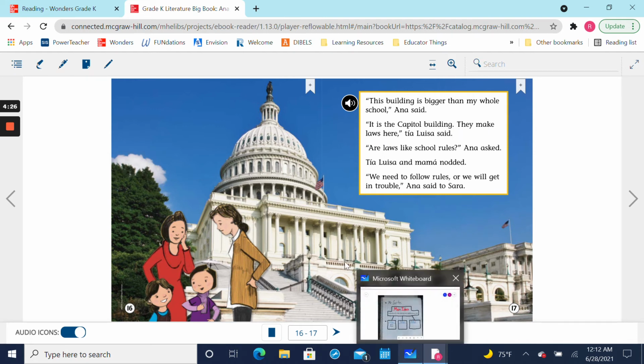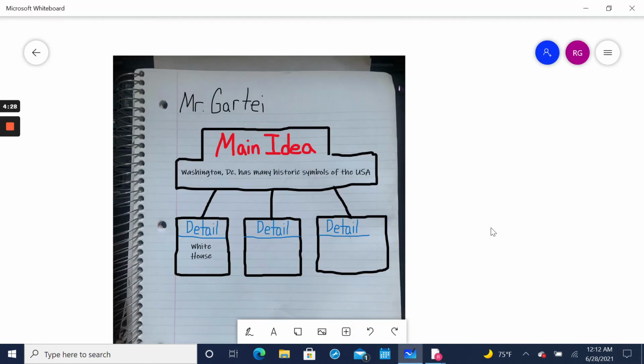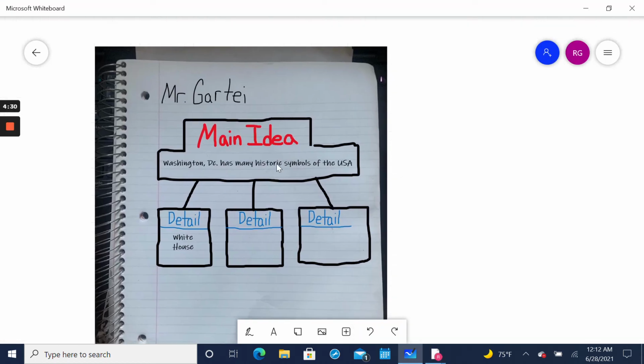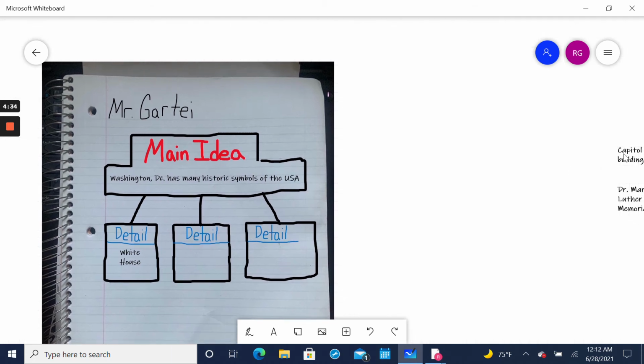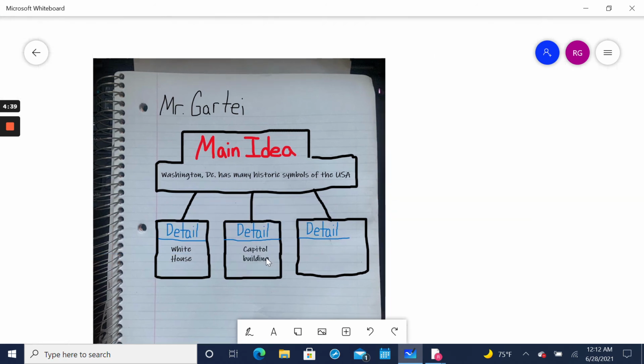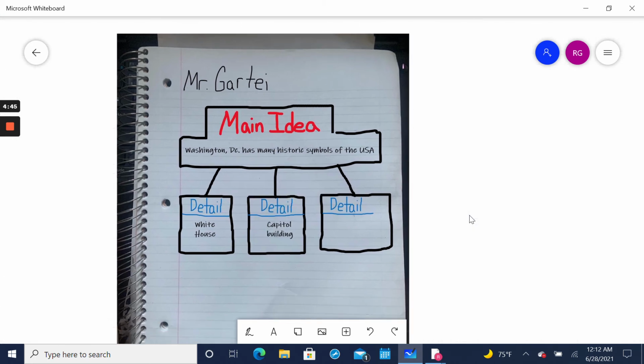Okay, so now we know that another key detail of the story is that the Capitol building is a historic symbol of the United States of America. So we can put Capitol building in our second detail. I'll give you some time to copy this down if you need to. Pause the video if you need to.